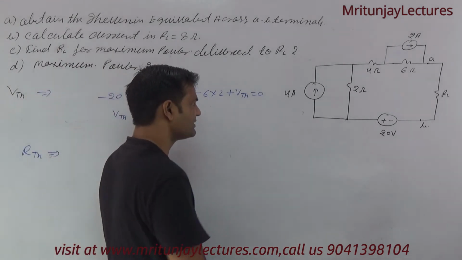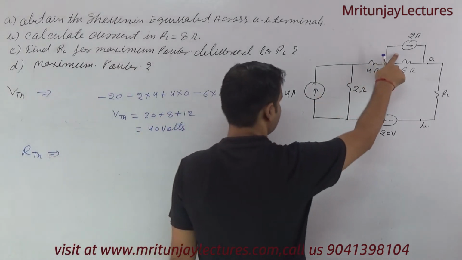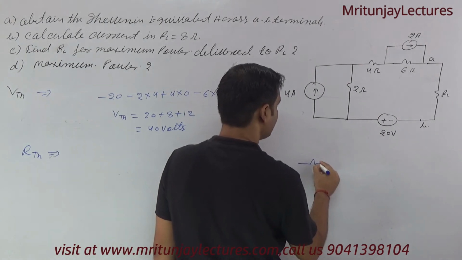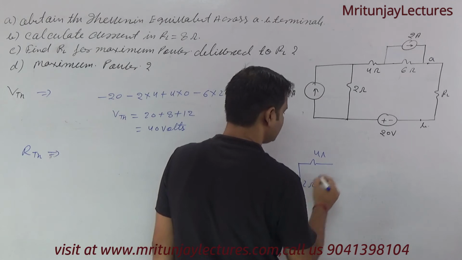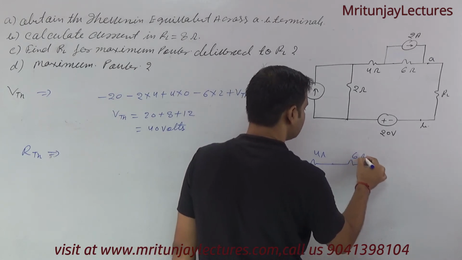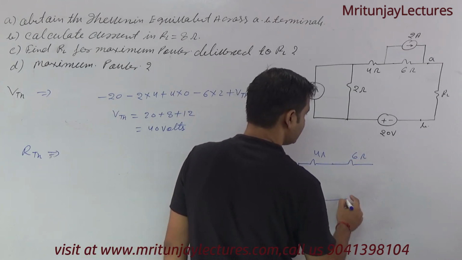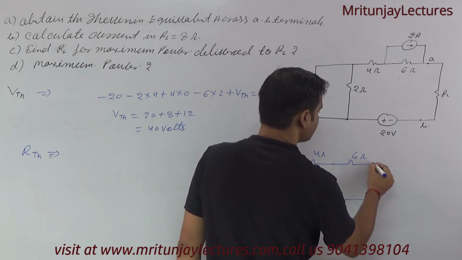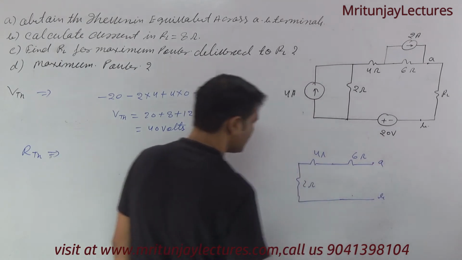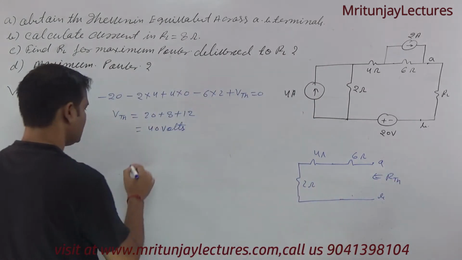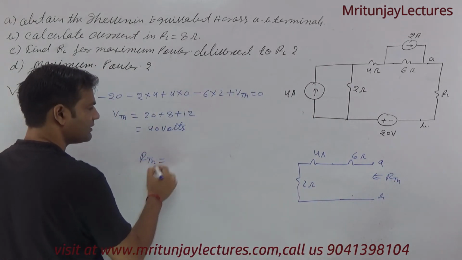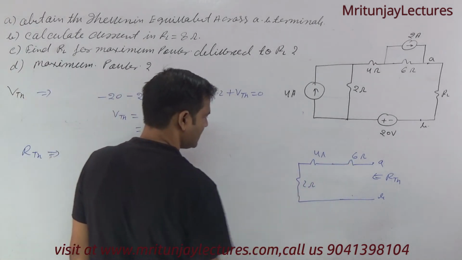If you determine RTH, then this one is 0, this one is 0. So 4 ohm, 2 ohm, this one is 6 ohm, and this is short circuited. So finally A and B. So what about RTH? Simply RTH is 2 plus 4 plus 6, all in series.